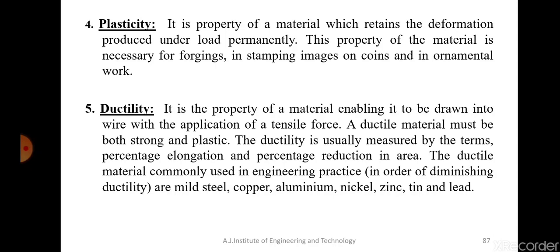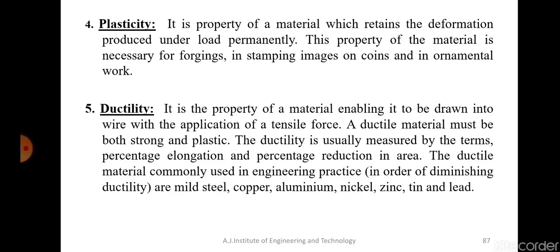See, when we apply a particular load, if we are able to deform it permanently, then it is possible for us to give any particular shape to that easily. Right. So the raw material, whatever we have, maybe in the form of a cube or in the form of a bar or a form of a rod.